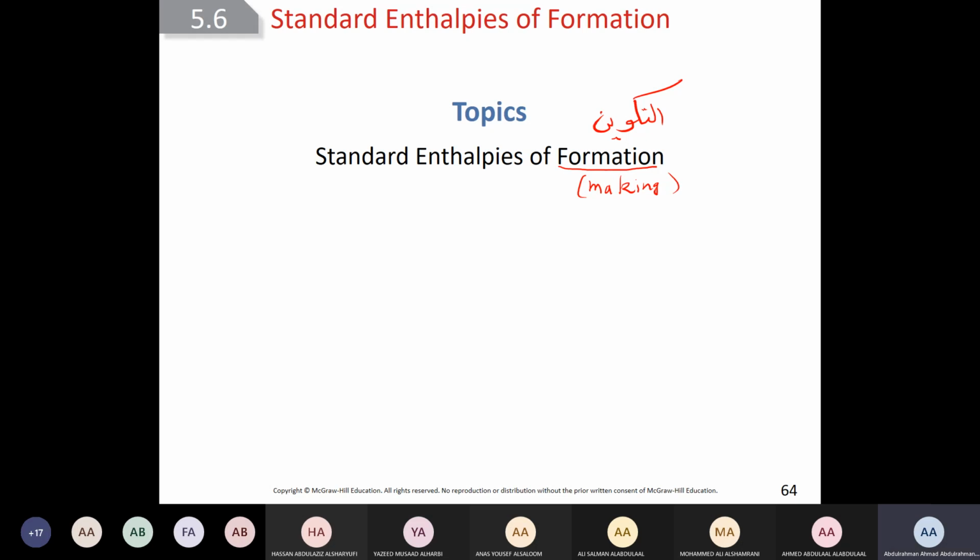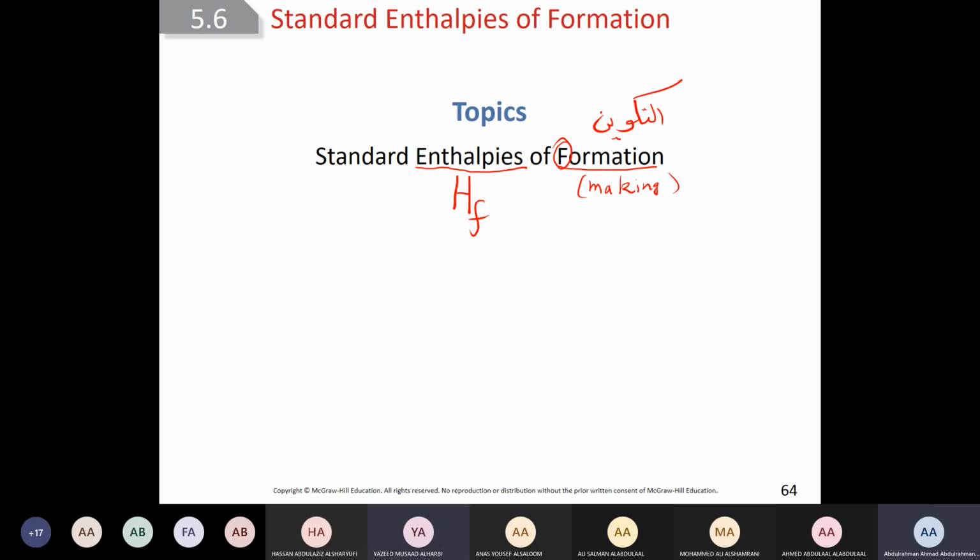Heat of formation. What's the letter we use for enthalpy? H. And since this is called formation, we will call it F. Clear?